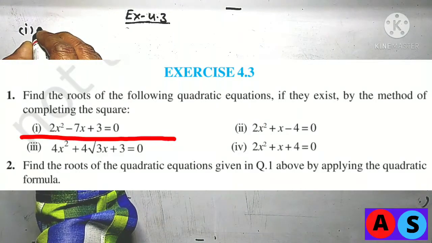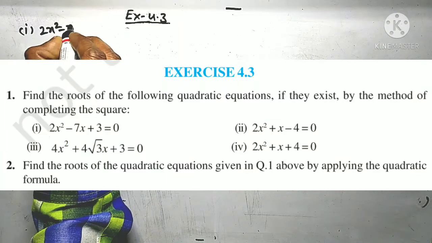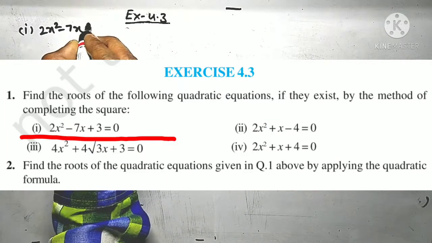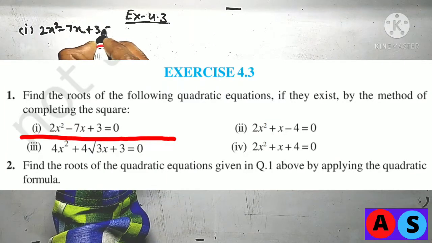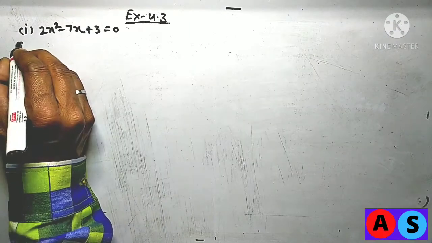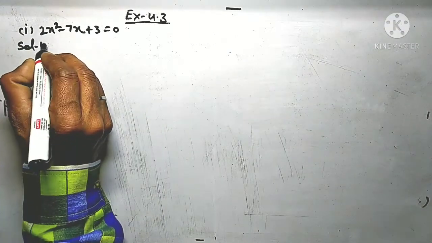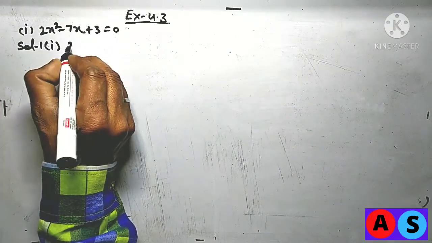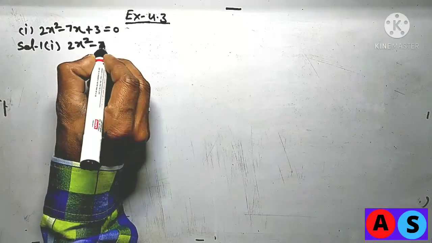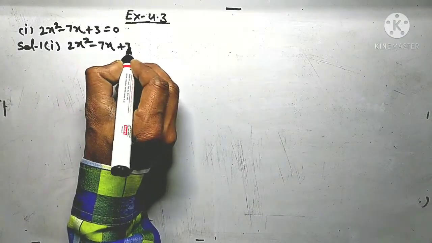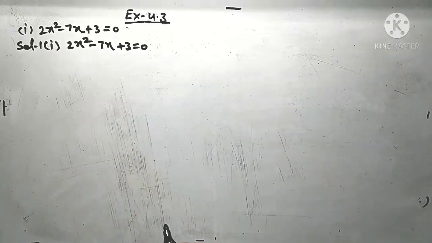2x square minus 7x plus 3 is equal to 0. Solution, part first: 2x square minus 7x plus 3 is equal to 0.